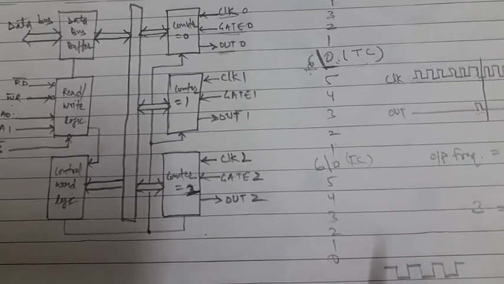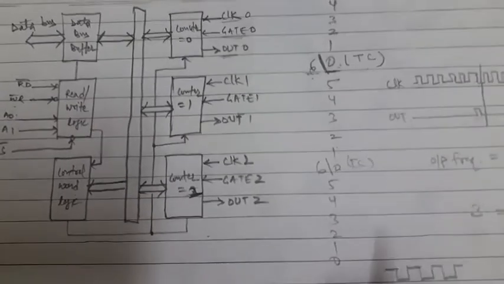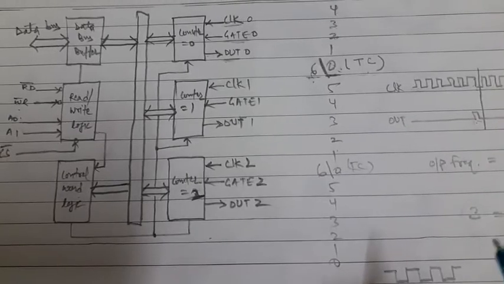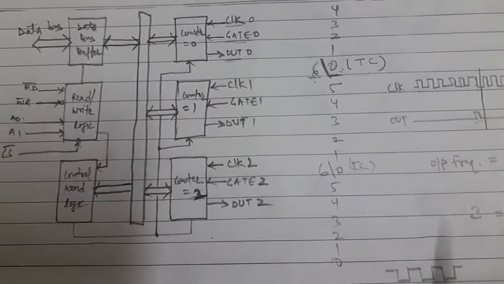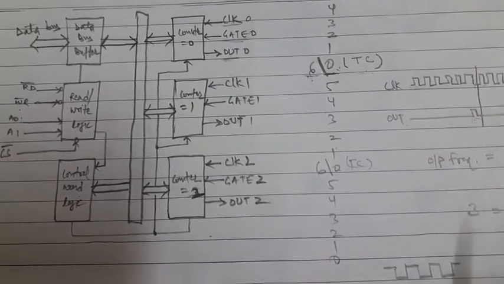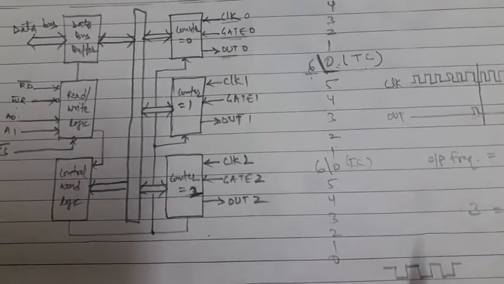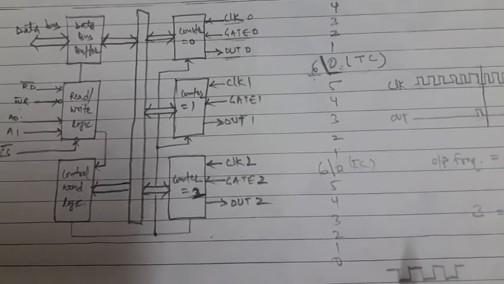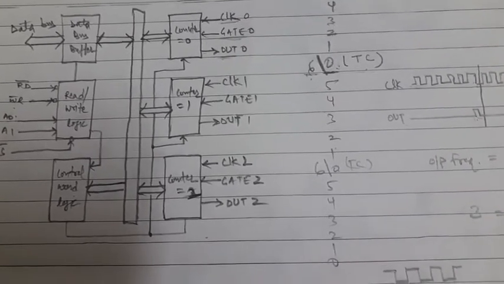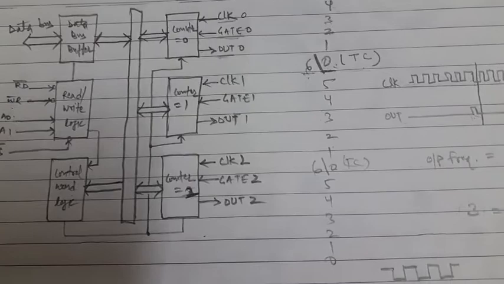It doesn't mean that the count will show us only when it reaches 0, or terminal count; it keeps showing where it has reached. And this is called the read back command. So we can read or we can write.